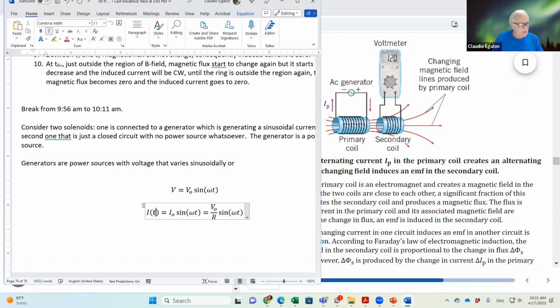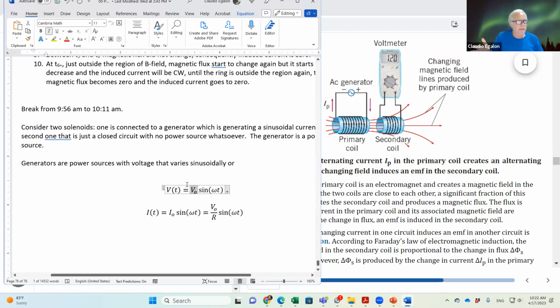And I'm going to put this as a function of time. This one is also a function of time. In the United States, this V naught used to be 110 volts, 120 volts. Sometimes you need 220. Mostly around the world it is 110, 220, depending on the device that you're connecting to the electricity.